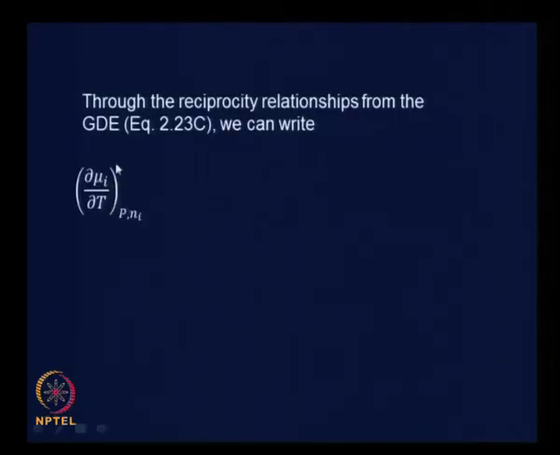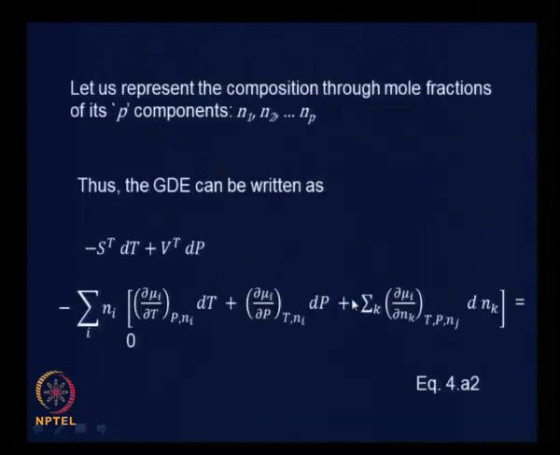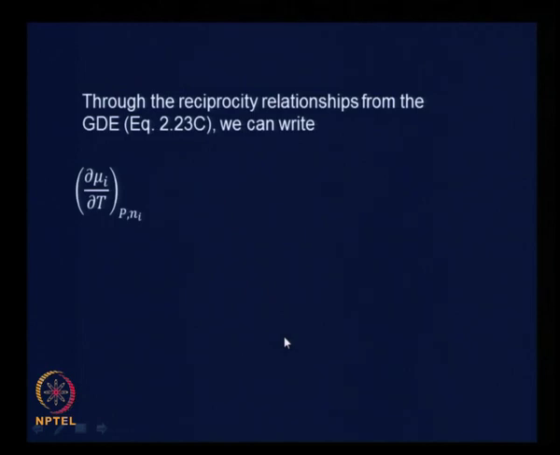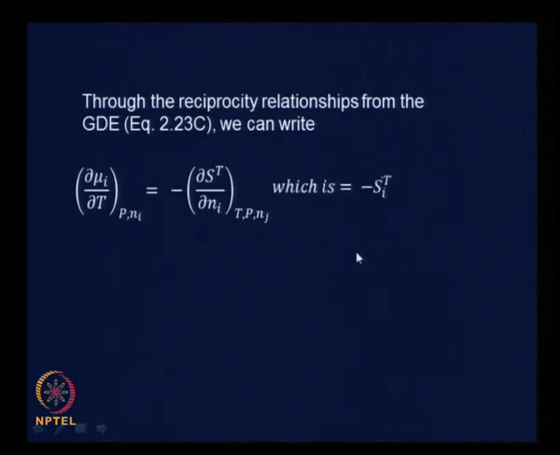Try to figure this out from this equation here, or even the previous one, the compact GDE: dou mu_i dou T at constant P, N_i equals minus dou S_T dou N_i at constant T, P, N_j, which is nothing but minus the partial molar entropy S_i bar.